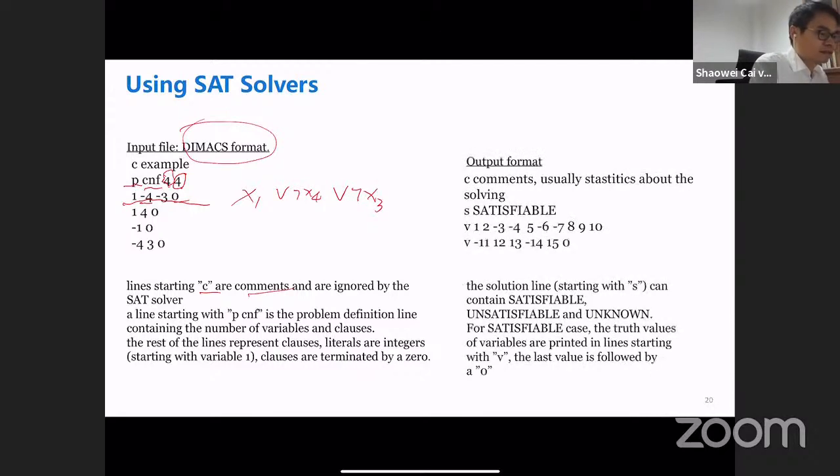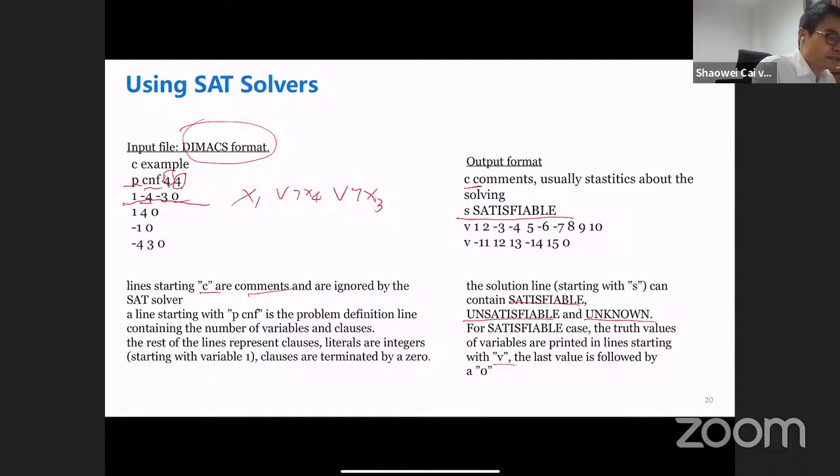For the output format, if we find an assignment, we usually need to print it out. Here we also have comment lines, which can be ignored. And we have a solution line, which can be satisfiable, unsatisfiable, or unknown, giving the decision result of the problem, followed by the V lines.